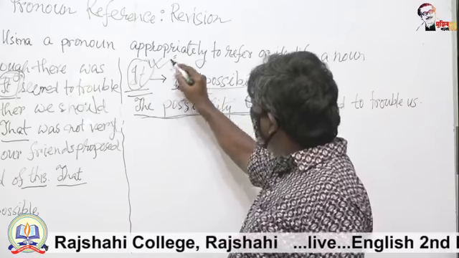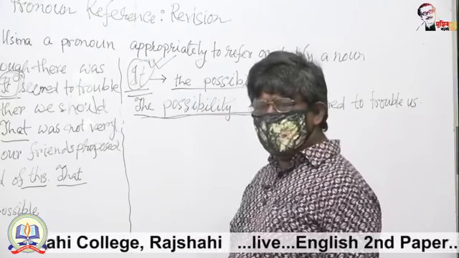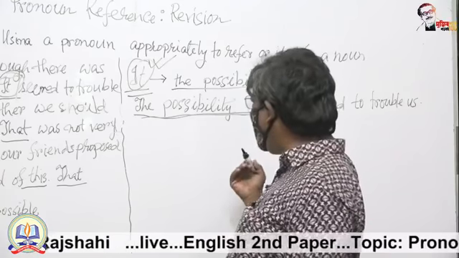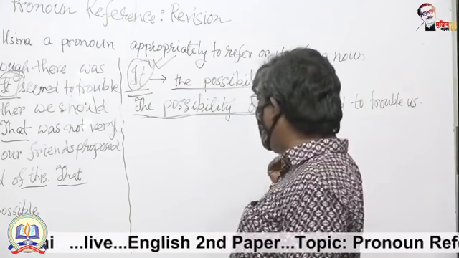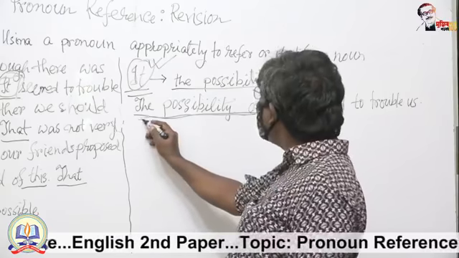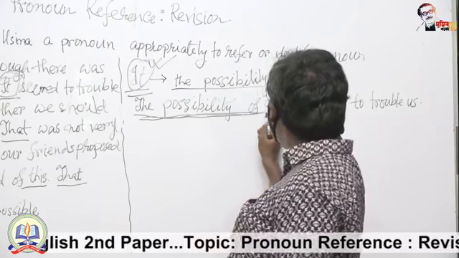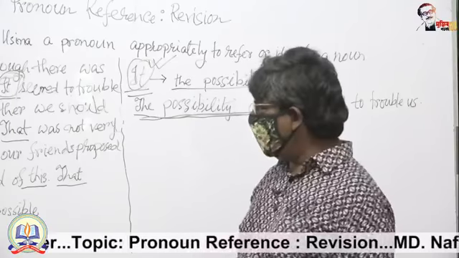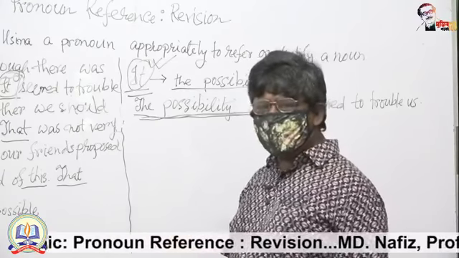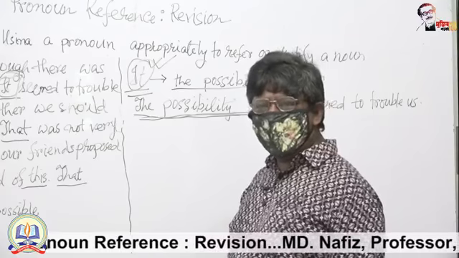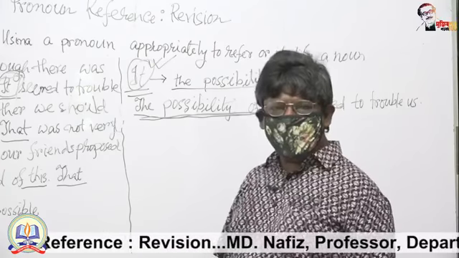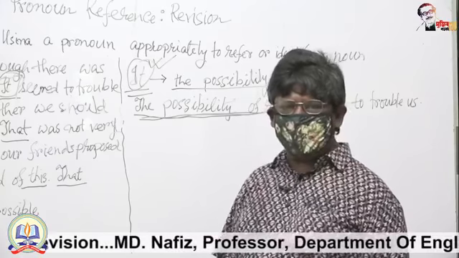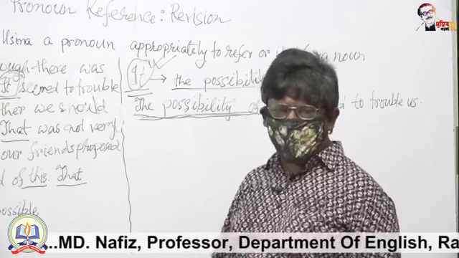You have to determine what should be the reference made by it, and then use the appropriate noun or noun phrase in lieu of the pronoun referred. Otherwise, the sentence will not make the appropriate sense, and that is why we need to use a pronoun with a clear reference of a noun.